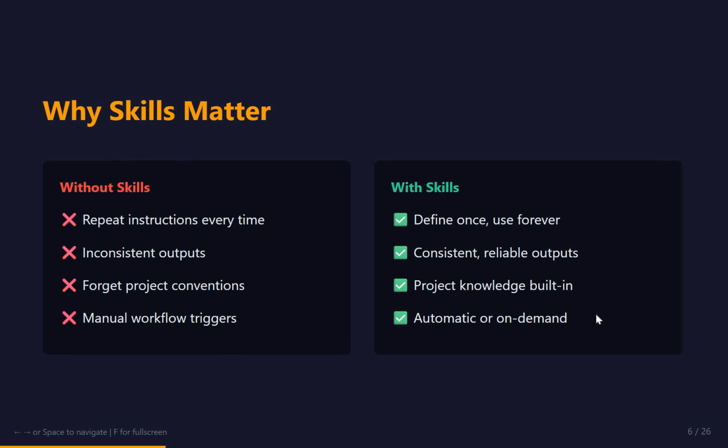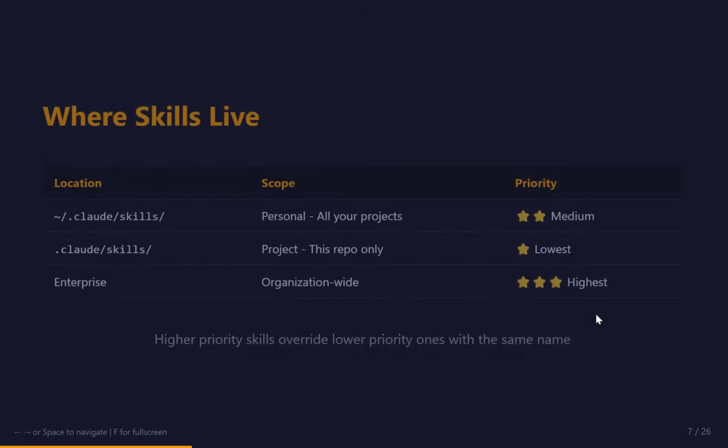Without skills, you need to repeat these instructions every time, get inconsistent output, forget project conventions, and do manual workflows. With skills, as I said, you define once. It's consistent, project knowledge is built in, and it's automatic or on demand.